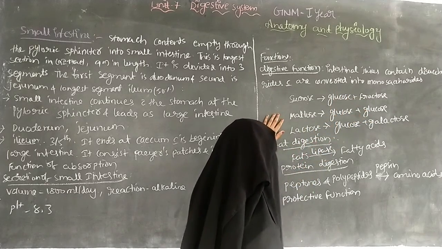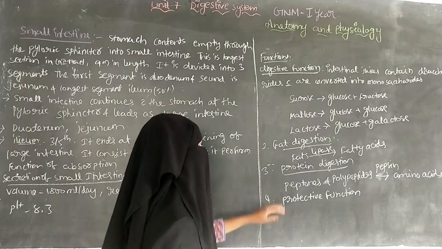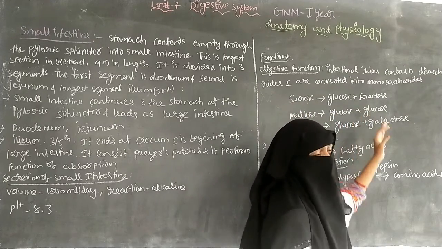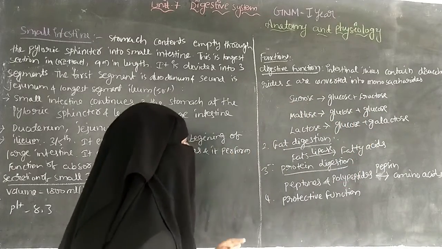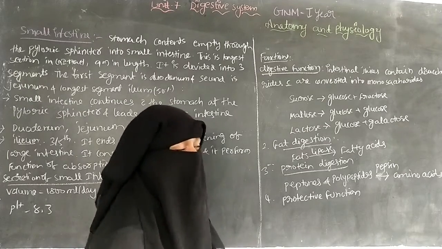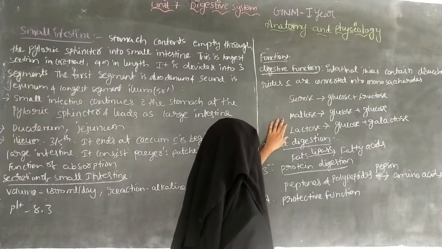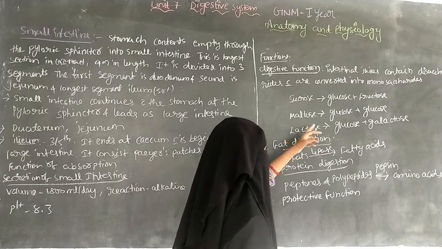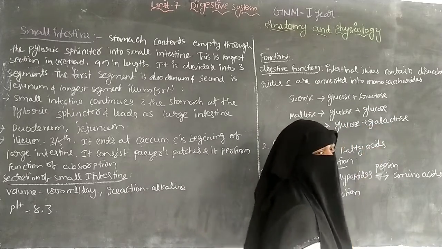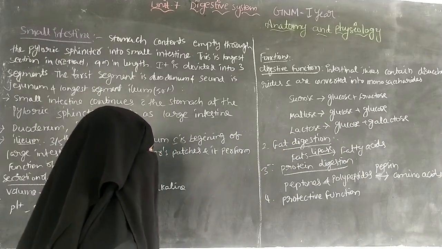The next one is maltose. Maltose is also a disaccharide, and by the maltase enzyme it is converted into glucose and glucose. Next is lactose. It is also a disaccharide, and by the lactase enzyme it is converted into glucose and galactose, which are single-sugar monosaccharides.